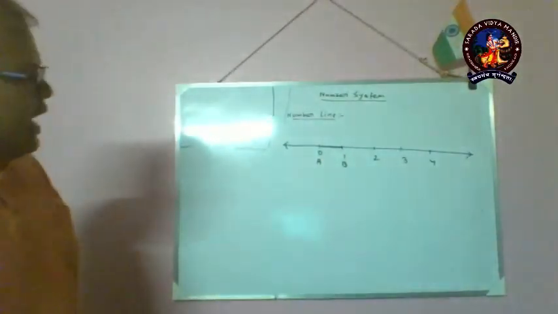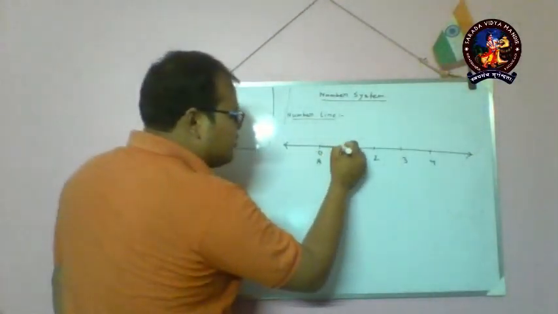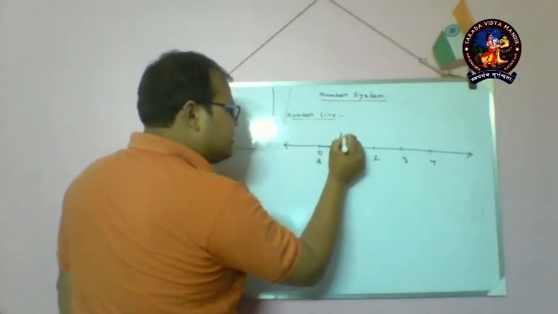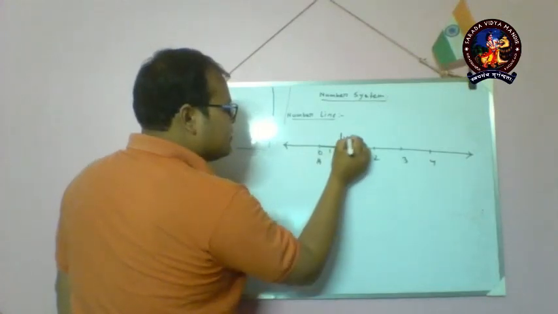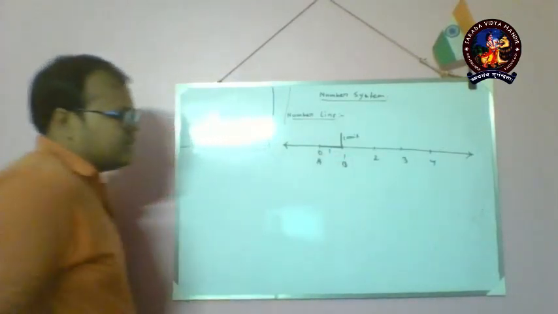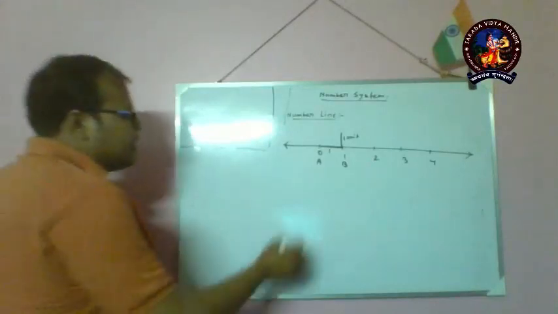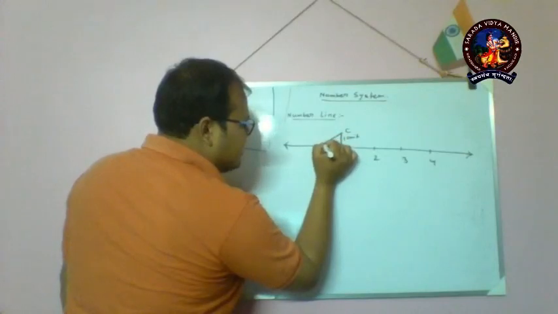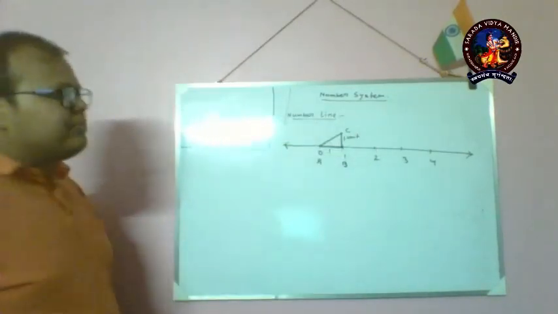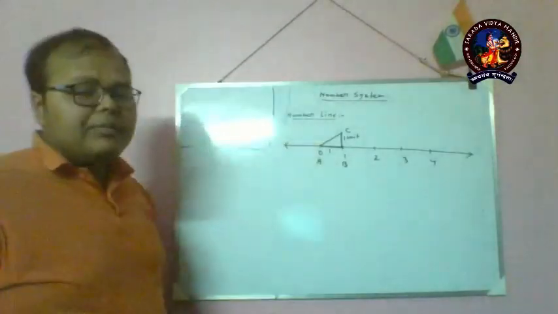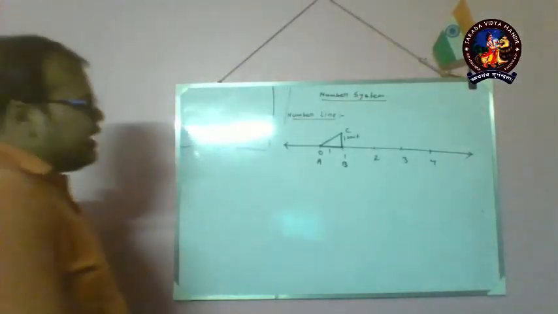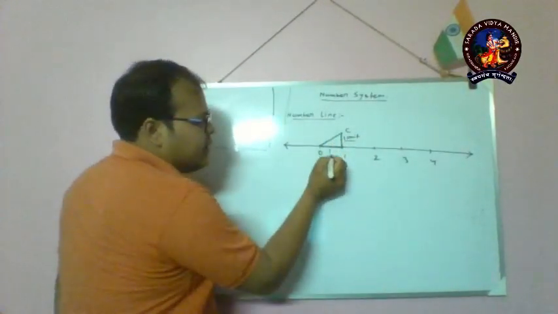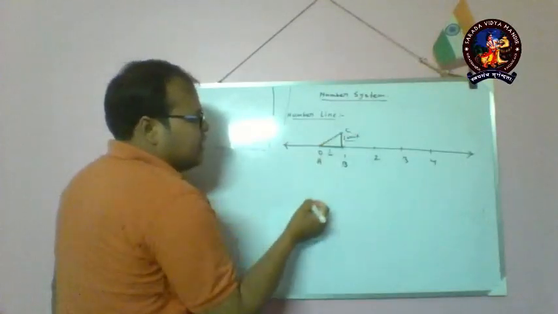Okay, and at the point B we have drawn a perpendicular of length 1 unit once again, and we have given the point as C. Now if I join A and C, ABC will be a right angle triangle, where the right angle is the angle B and AC is the hypotenuse. Now height is 1 unit, base is also 1 unit. So what will be the hypotenuse?